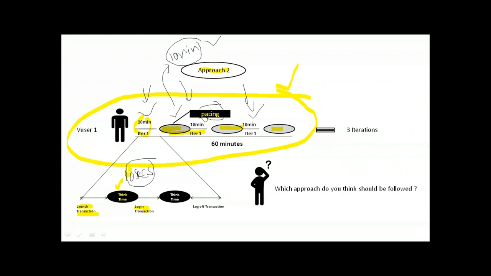Based on that, you will have this pacing time. The performance tester needs to come out with that number. There are no standard values, no industry standard values. As a part of workload modeling, you have to calculate this pacing.